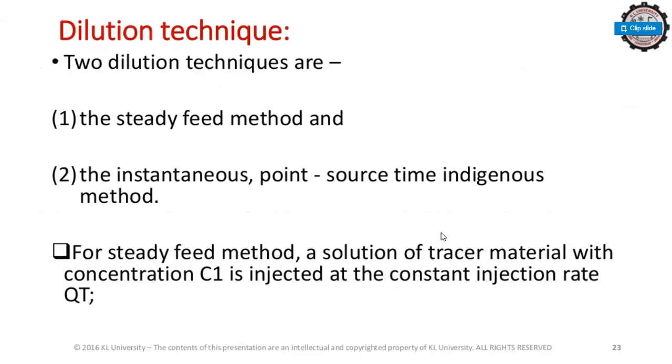Dilution techniques. Two dilution techniques are the steady feed method and the instantaneous point source time integration method. For the steady feed method, a solution of tracer material with concentration C1 is injected at the constant injection rate QT.